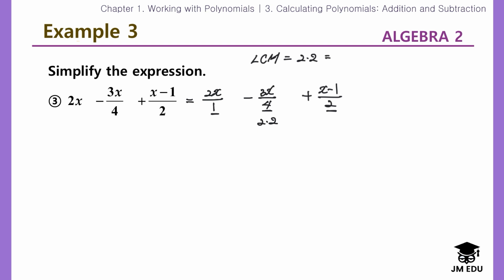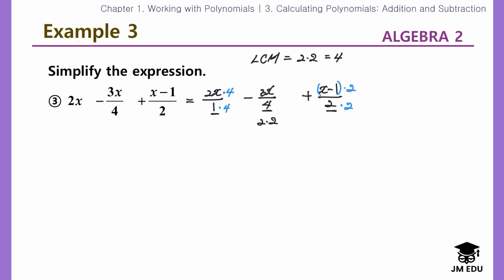Okay, so that is equal to 4. So we have to make each denominator 4. So what I need to do is multiply by 4 here, multiply by 4 here, and multiply by 2 here, and all of this expression by 2, right?